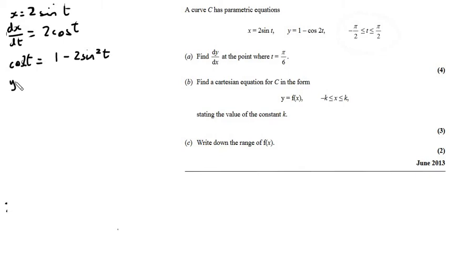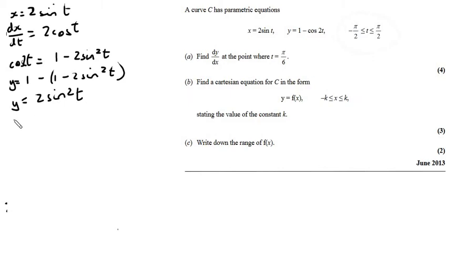So y equals 1 minus 2 sine squared t. So I've just replaced cos 2t with 1 minus 2 sine squared t here, which gives us y equals 2 sine squared t. 1 minus 1 is 0, and this negative and negative cancel out to give us a positive.